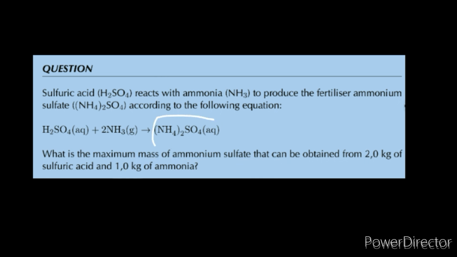So whenever they ask you what is the maximum mass that can be produced, and they give you a certain amount of either mass or volume or concentration, what you have to do first is to look for the limiting reagent. So usually when we react 2 reactants, one of them will finish first, and once one of them finishes first, the reaction stops because the other one that is left has nothing to react with.